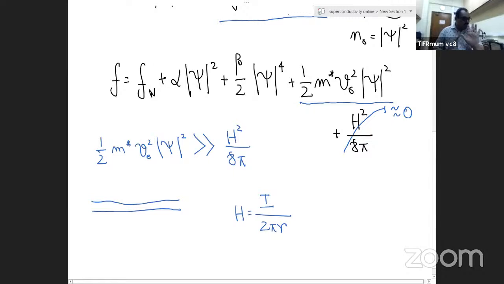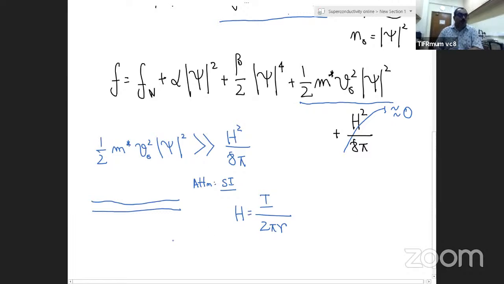I'm sorry, I'm mixing units, but it doesn't matter. I just want to prove that this kinetic energy term is much larger than the field energy term. I have done this in SI. I was too lazy to convert everything into CGS again.